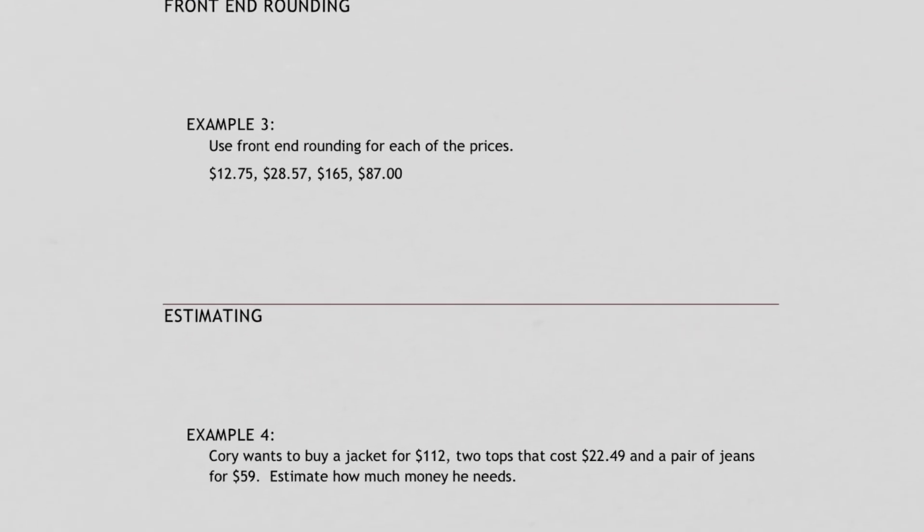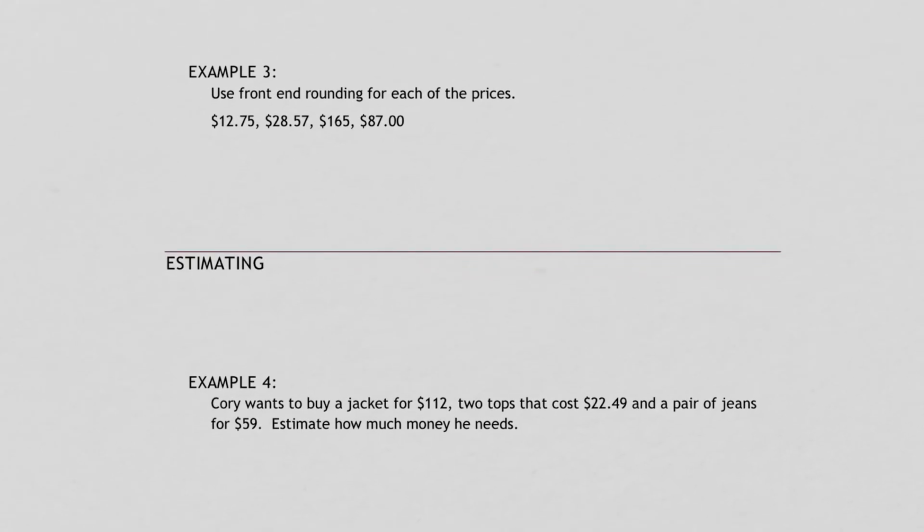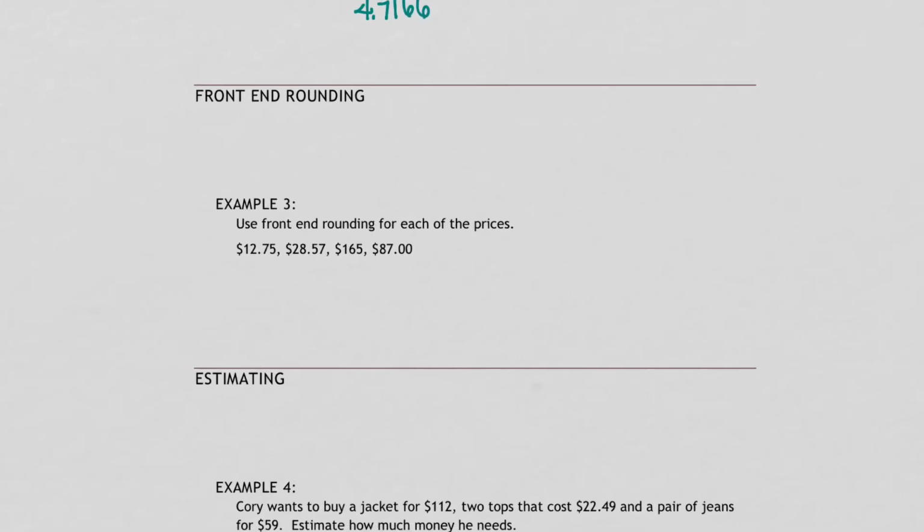Front end rounding is when you round to 1 digit in the front and the rest are zeros.